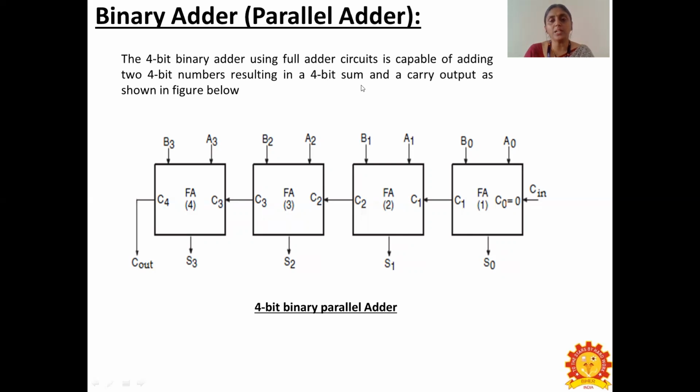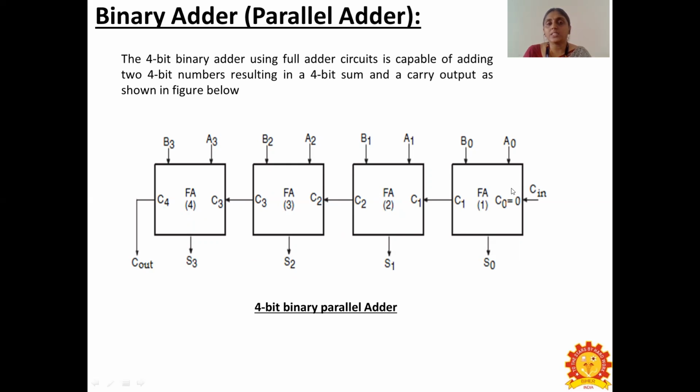From the least significant bit, we are considering A0, B0, A1, B1, A2, B2, and A3, B3, where A is one input number and B is the other input number, and A involves A0 as the least significant bit, followed by A1, A2, and A3 as the most significant bit.